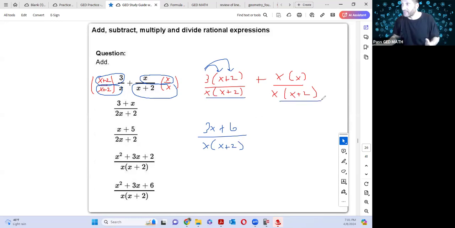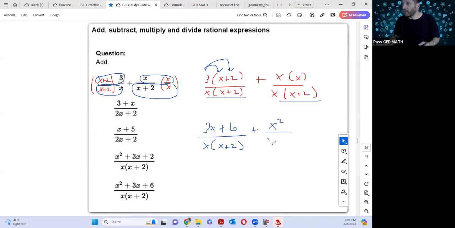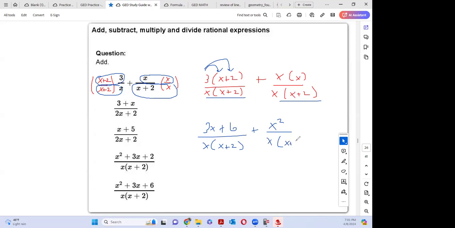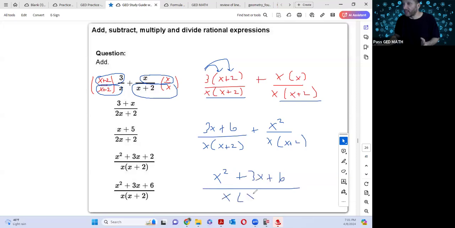These are the same denominator, am I right? Plus x squared over x times x plus 2. Now, just like when we had the same denominator, we now add the numerators. But none of these are like terms. So this becomes x squared plus 3x plus 6 over x times x plus 2.